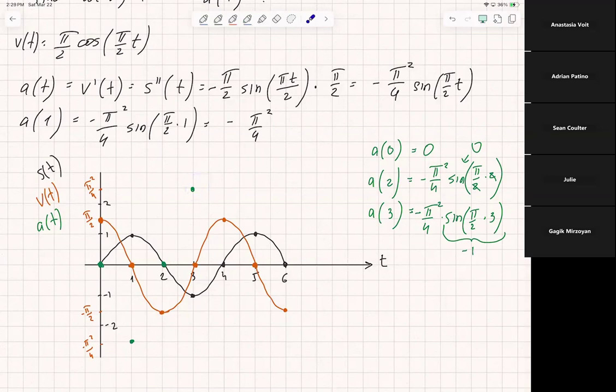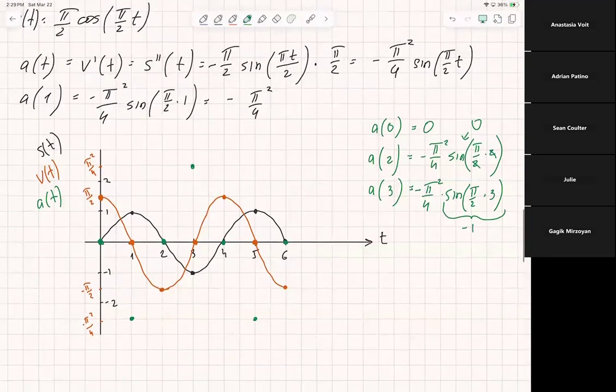So we see the pattern. It's going like this way, right? So we'll probably see the same here. So we would have 0 at 4, and at 5 we will see the negative pi squared over 4, and again 0 at 6 seconds. And we just connect the points nicely.